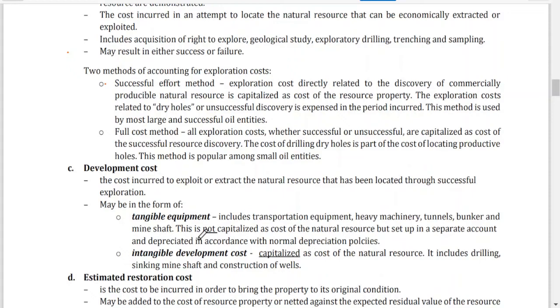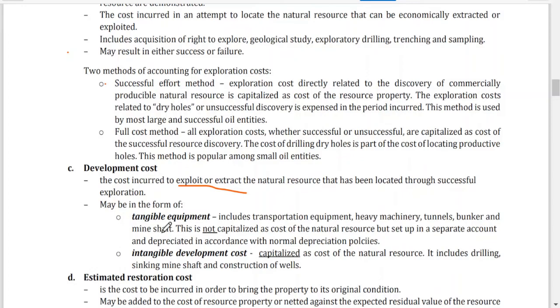So this is the costs incurred to exploit or extract the natural resource that has been located through successful exploration. So now we already know that there is really something in the area. So certain na siya. So the development cost may be in tangible form or intangible form.